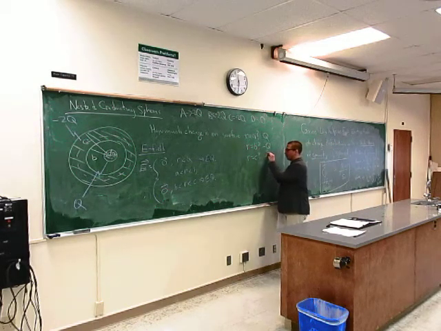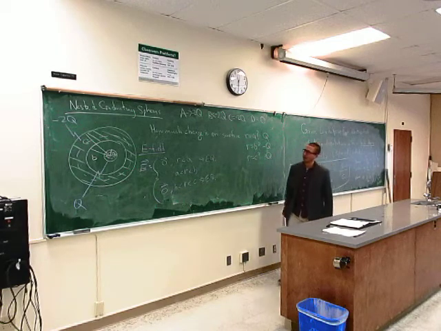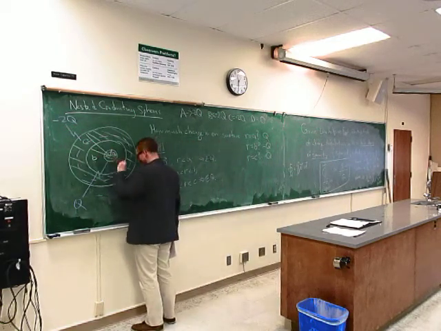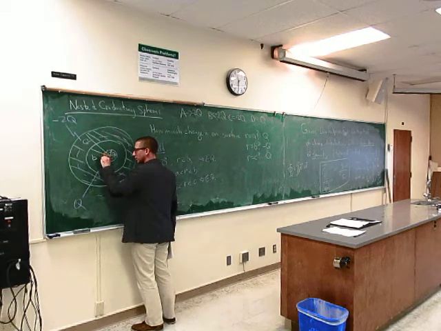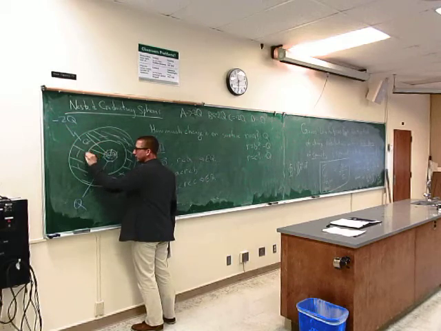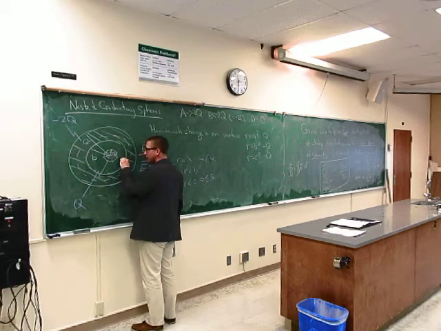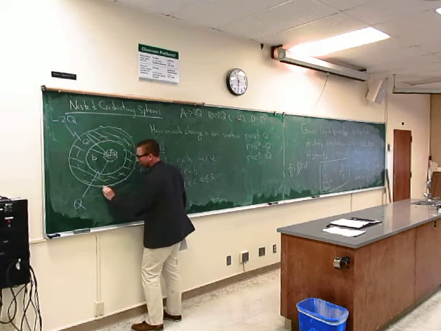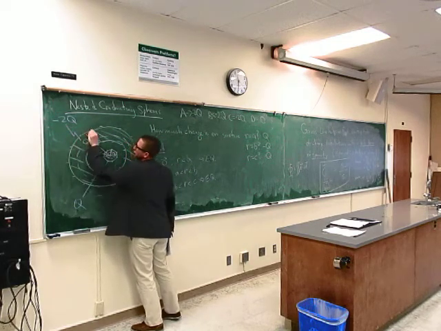Yeah, so what you actually have here on this sphere is, on the inside one, the charge is all like this. On the outside surface, you have negative Q like this, but you also have negative Q like this. That's how the charge would distribute itself.